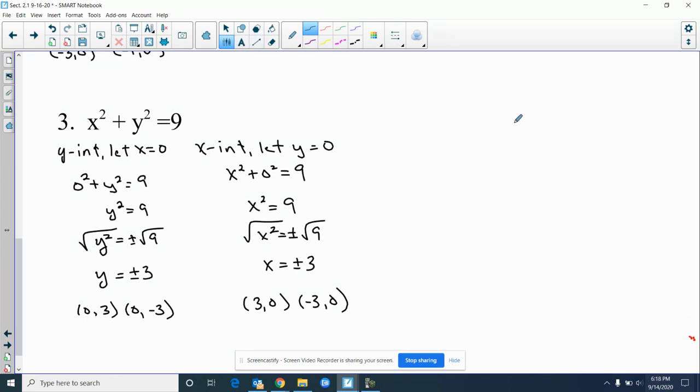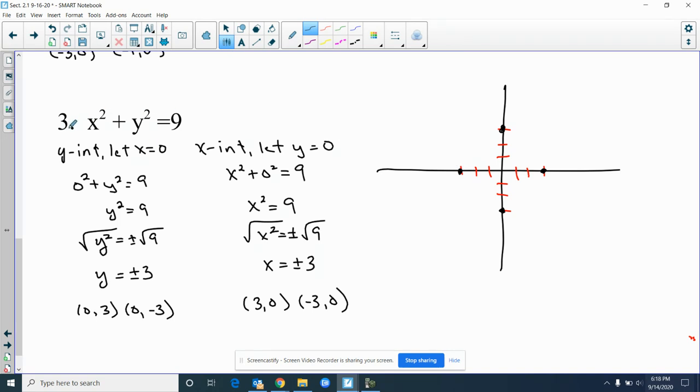All right, well, what do we have here? If I plot those, these are the 4 points where they intersect. Now, it's probably been a while.